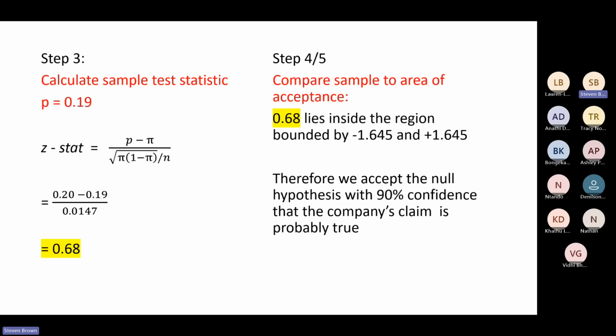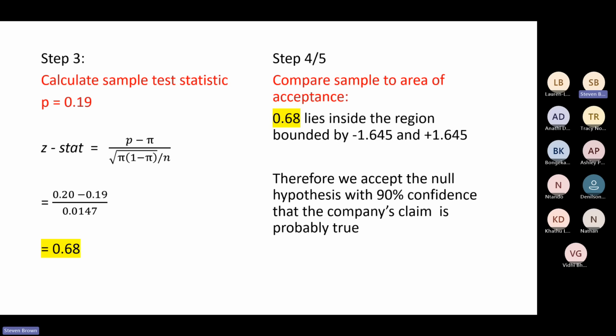So calculate the test stat. Your P was what they found and your pi was what they claimed. They claimed 0.19, but they found 0.2. The bottom bit you can do quickly and you get 0.68. Learn and make sure you can get these calcs. So 0.68 is the number that came out. What are your boundary values?